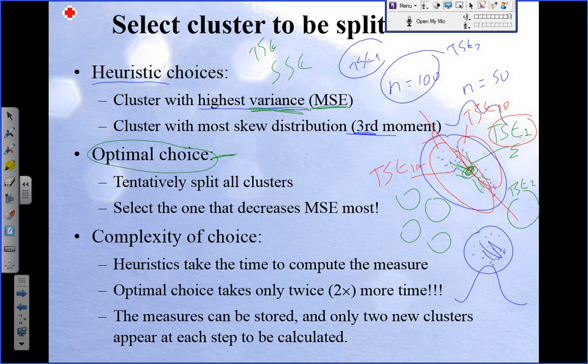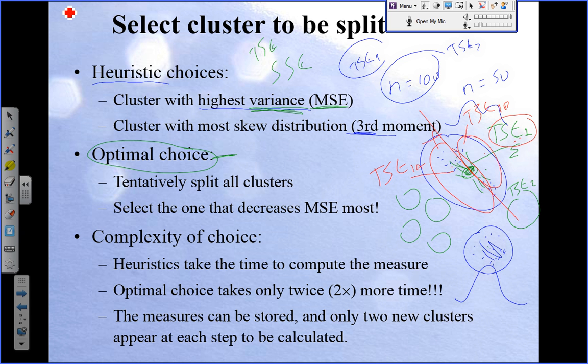Do you believe me? If I have one cluster, I have some variance, and if I split it into two and I calculate the variance of these subclusters, the sum of these variances is smaller than the total variance. And this is just because the more clusters I have, the smaller the TSC goes.